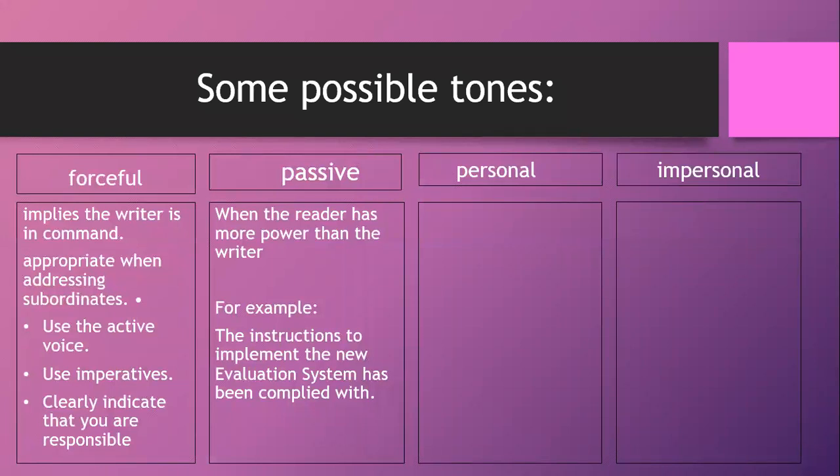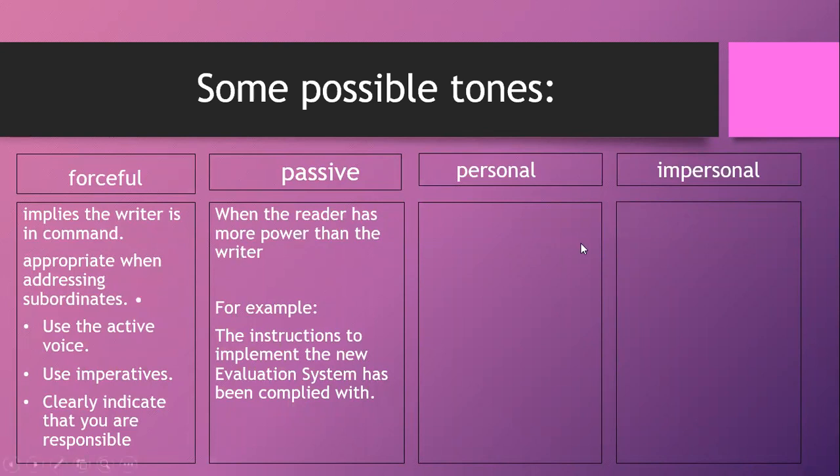Then we use a passive tone because the reader is more powerful. You are not giving an instruction to a line manager above you, but giving information on what has been done, so you keep it passive.